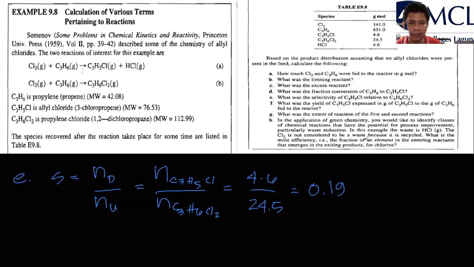And then letter F. What was the yield of C3H5Cl expressed in grams of C3H5Cl to the grams of C3H6 fed to the reactor? So basically, for the mole per mole ratio, you just multiply by the corresponding molar mass.